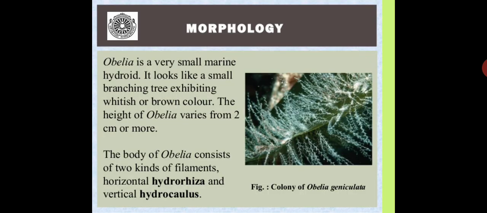Coming to morphology, Obelia is a very small marine hydroid. It looks like a small branching tree exhibiting whitish or brown color. The height of Obelia varies from 2 cm or more. The body of Obelia consists of two kinds of filaments, the horizontal hydrorhiza and the vertical hydrocaulus.